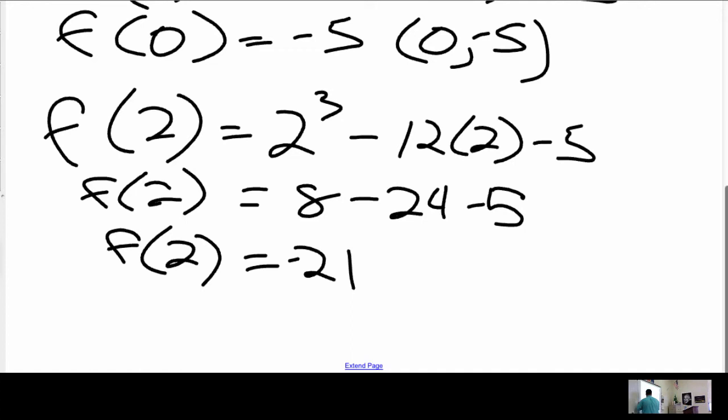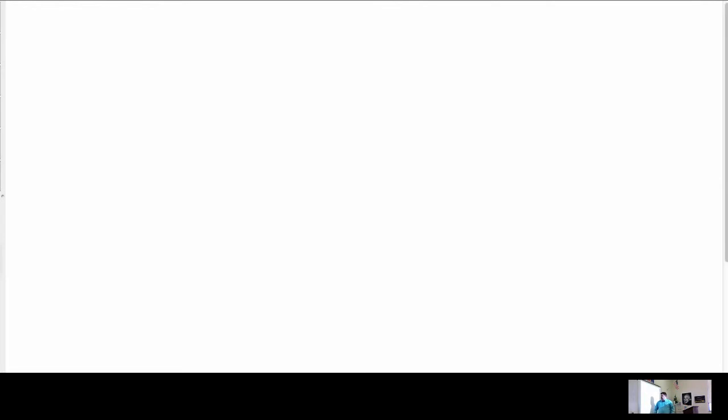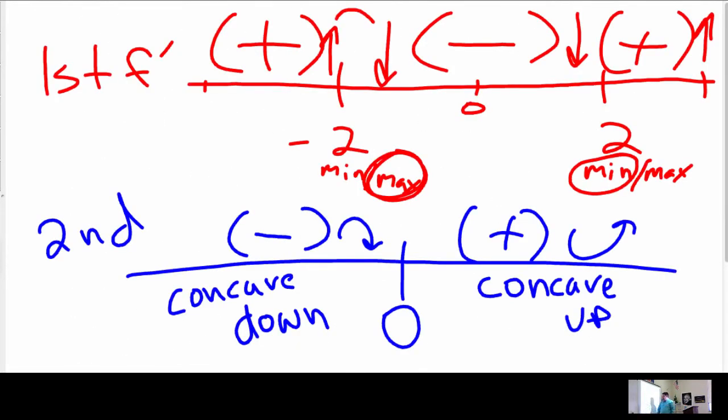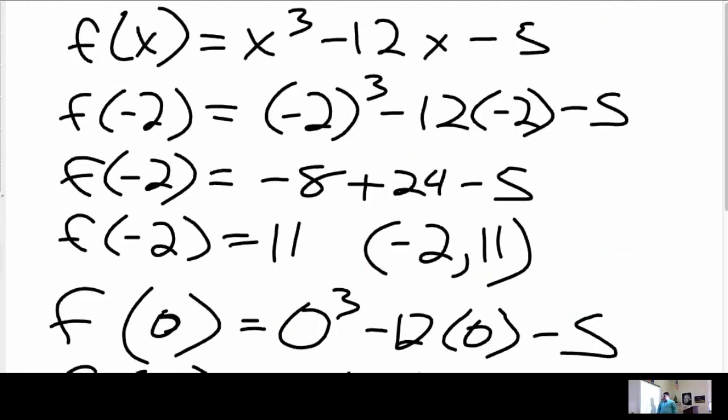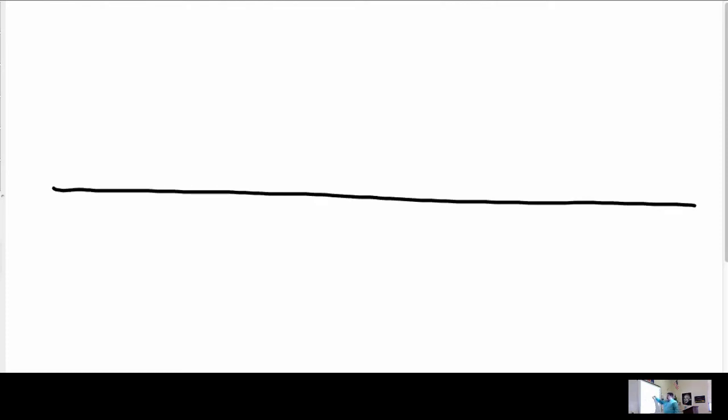So that means that the point 2, negative 21 occurs on our graph. Does that make sense? Wait, is that the minimum then? Yes, that's where the minimum is. So what is the 0, negative 5 point? Is that just a random point then? Well, it's not just random, it's the y-intercept, so it'll give us a little direction. So now if we're to graph this, right?